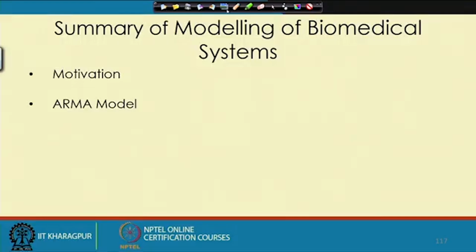So, there is a change in the thought process also, and that gives us a lot of benefits. Let us look back at that ARMA model. The ARMA model is a simple linear prediction model.